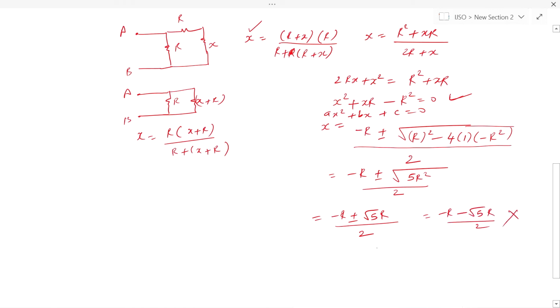This is wrong because negative, it can't be negative. So the answer would be minus R plus root 5 R by 2, which is R common, root 5 minus 1, by 2.